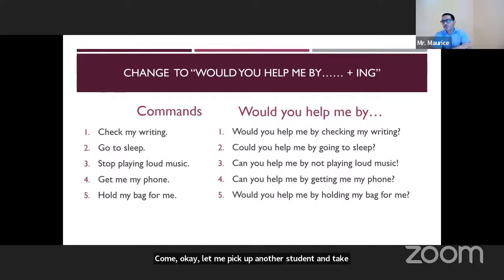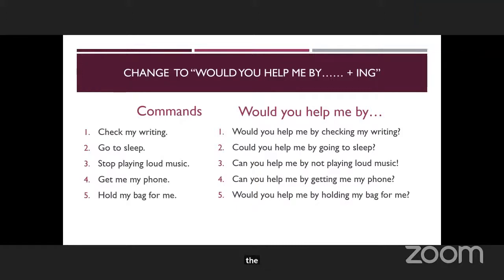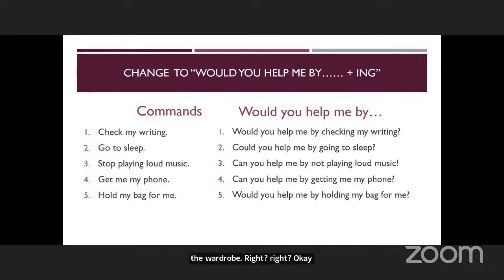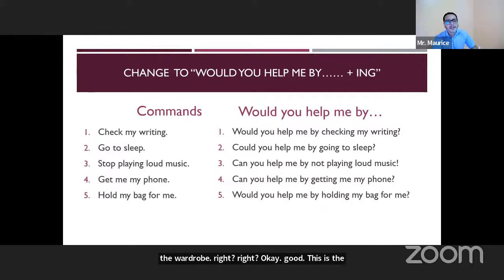Let me pick up another student and take notes, please. Ginger Sanchez, could you please read the column number 2? Okay, good. This is the number 1. And the number 2, 3, 4, and 5 is different. As you can see, we use another words such as could, can, or would. Ginger, please continue.